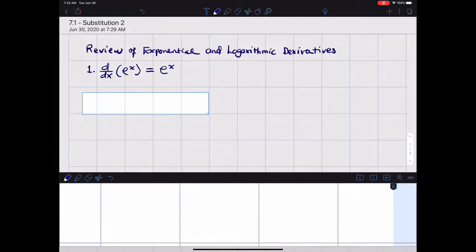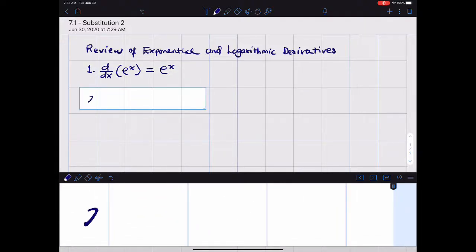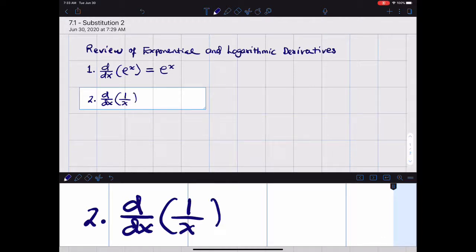Now, let's look at another one. How about the derivative of the natural log of x? This is 1 over x.